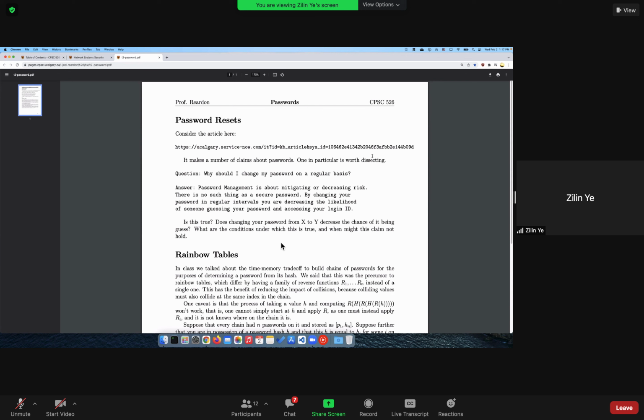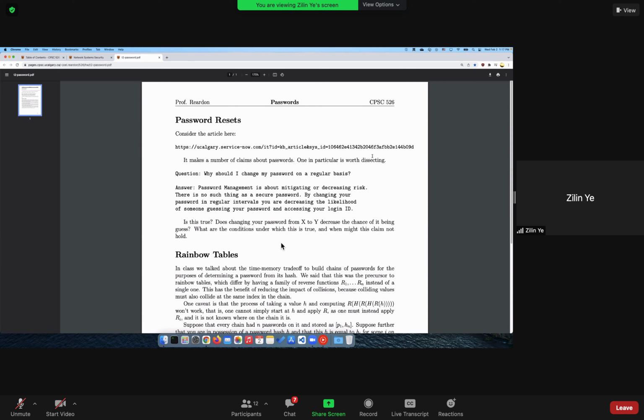So actually, the usable passwords for each individual of us is very limited, and changing from one to another increases the success rate of an attacker that can successfully guess your password.